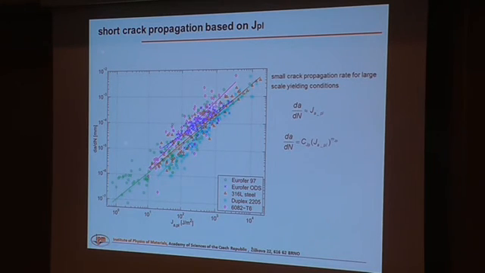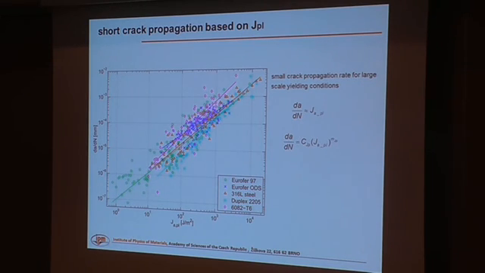In addition, when you see this graph where all materials are together, you can see that the difference between the fatigue crack propagation of the small cracks in these really different materials is not that big.